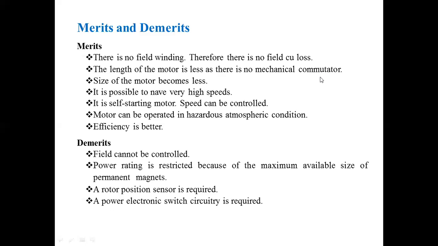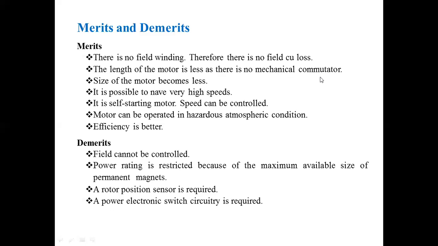With normal DC motors, high capacity is possible, say 10 horsepower, 20 horsepower, 100 horsepower. But with permanent magnets, we cannot get that much horsepower. Why? Because the available size of permanent magnets has only a fixed value; after that, there is no availability.